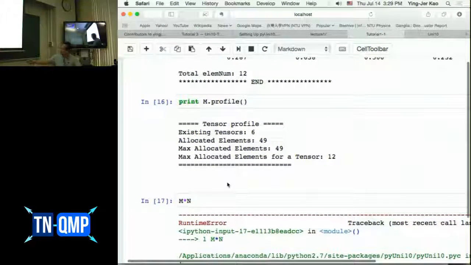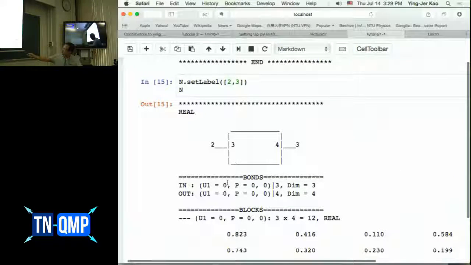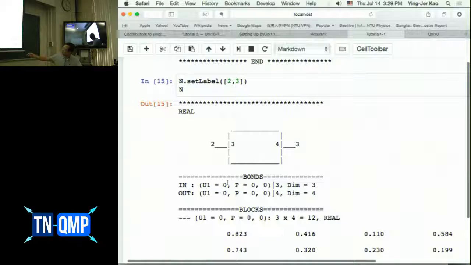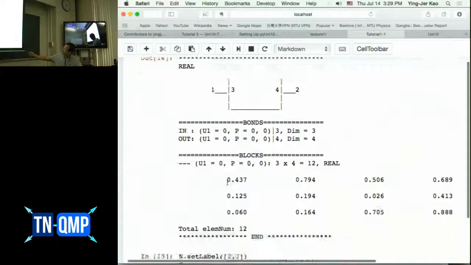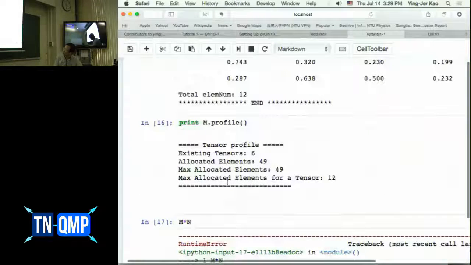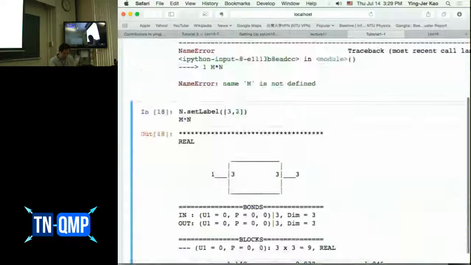Okay, so we can try. Since this is a column and row, if I want to contract m times n, I should get an error.